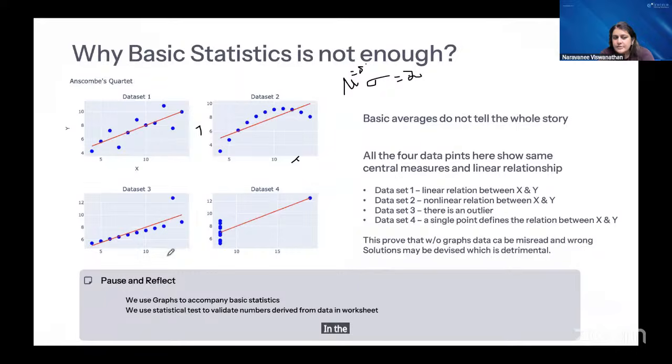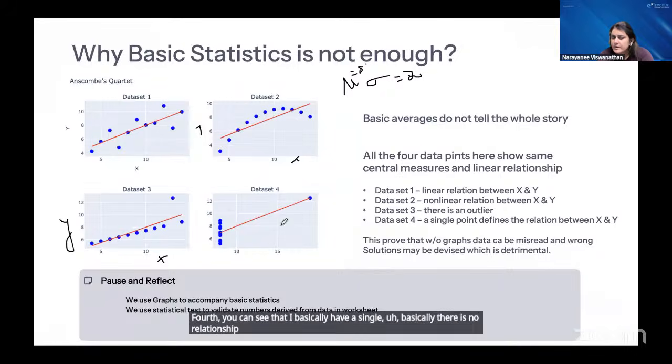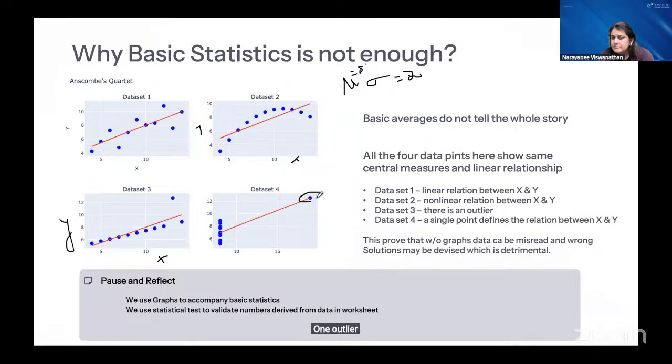In the third data set, I have an outlier defining the relationship between x and y. In the fourth, there is basically no relationship between x and y, and a single outlier is influencing this data, right?